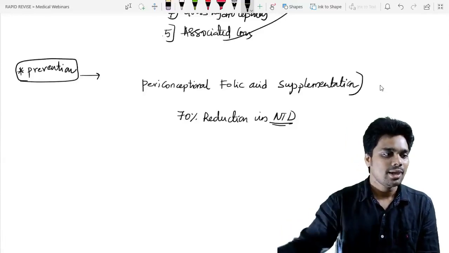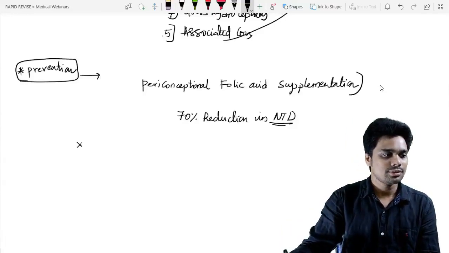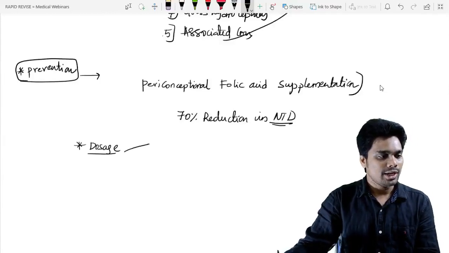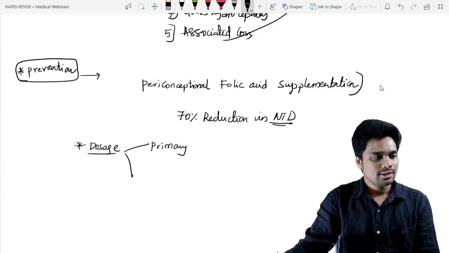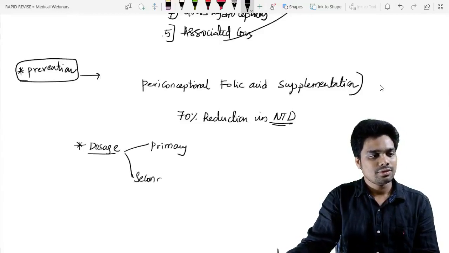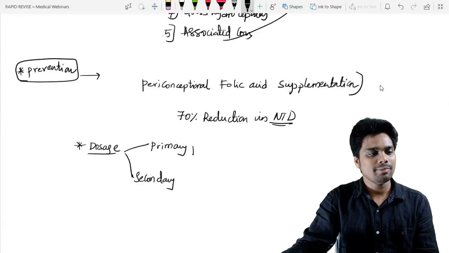When it comes to dosage, there are 2 entities here: primary prevention and secondary prevention. What is the difference between a primary prevention and a secondary prevention?